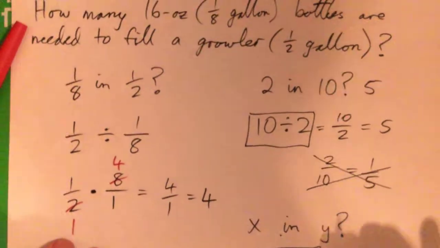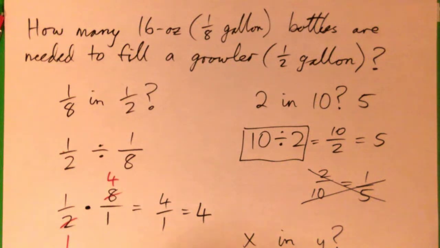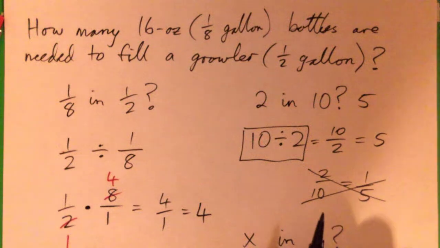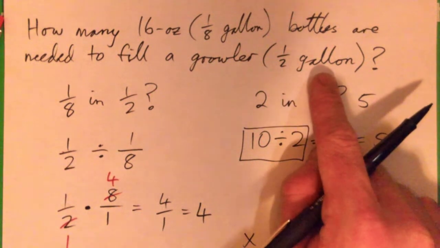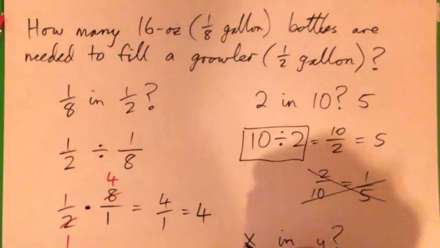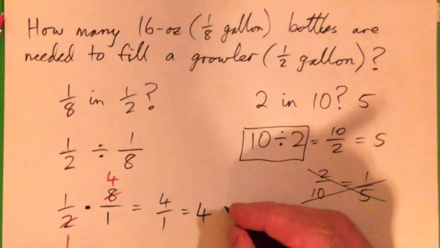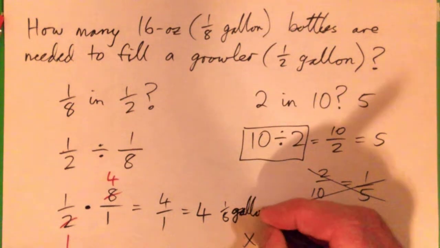Now, what does that mean in real life? Because our question was, how many 1/8 gallon size bottles are needed to fill a half gallon bottle, right? 4 of your 1/8 gallon bottles.